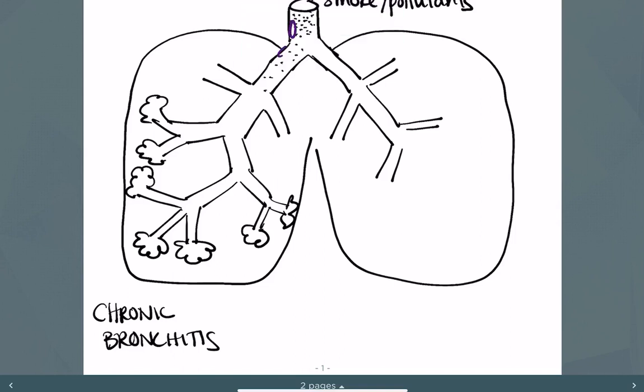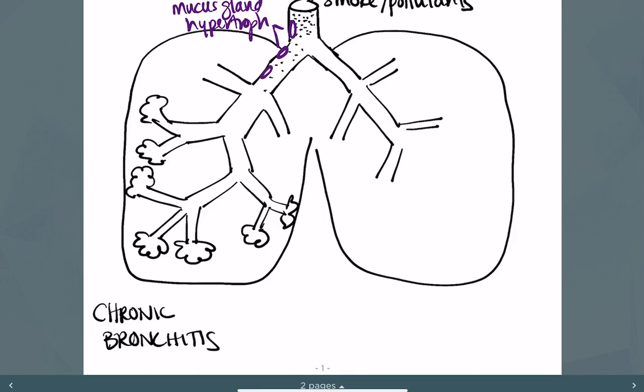Is purple too gross for a mucus gland color? So you get mucus gland hypertrophy. That's meant to be these purple circles here. You also get an increased number of goblet cells.